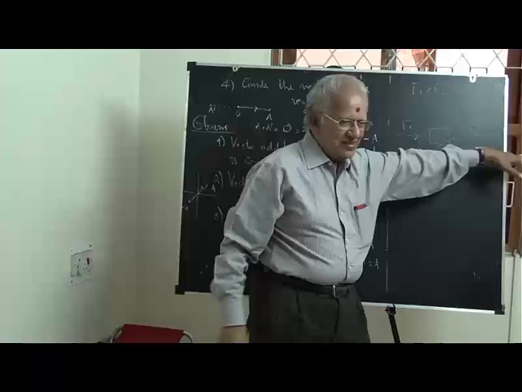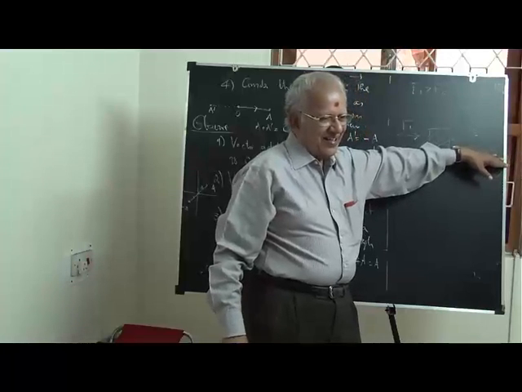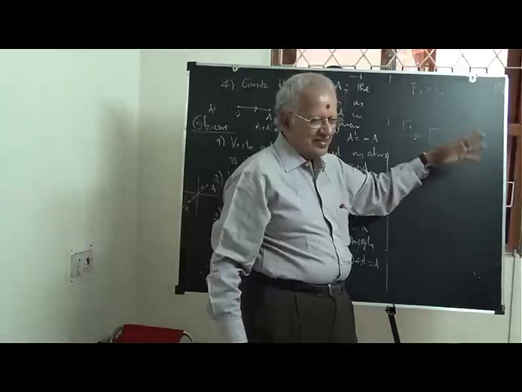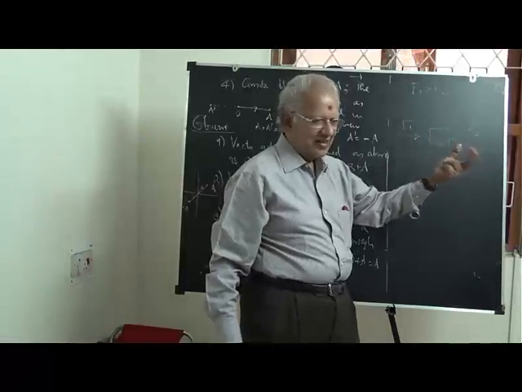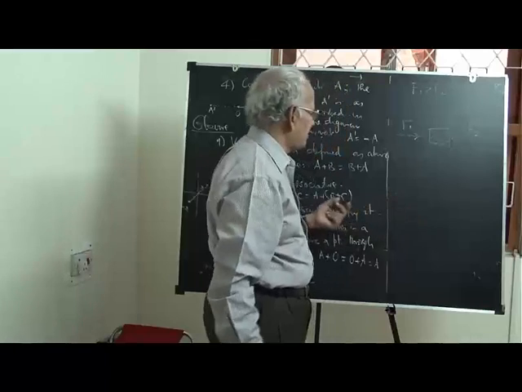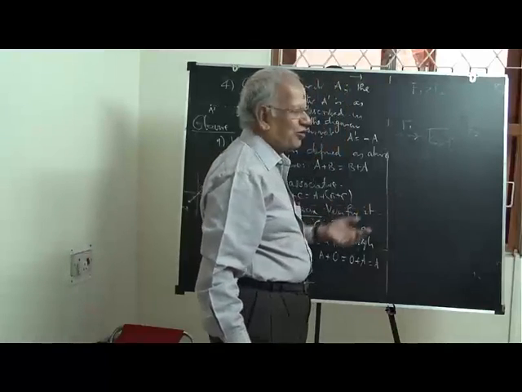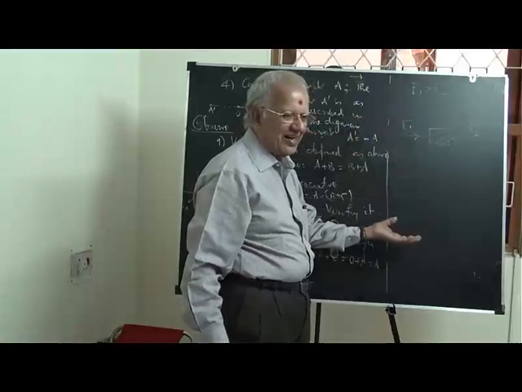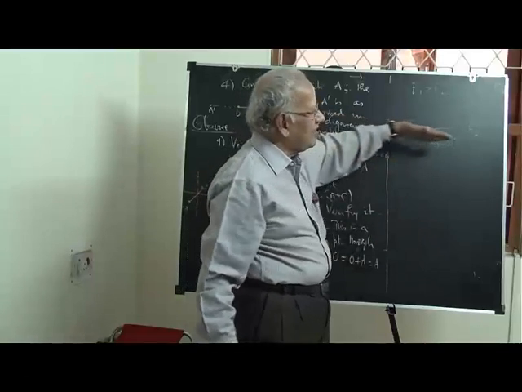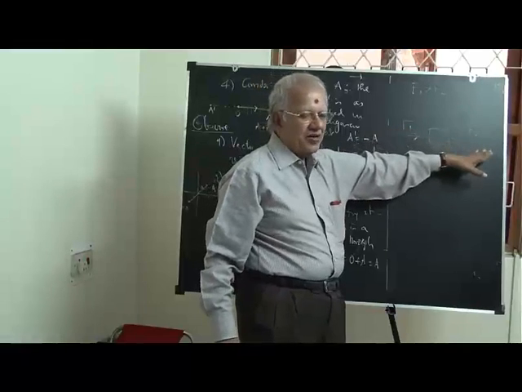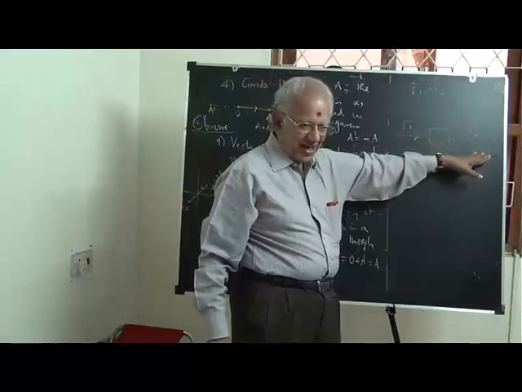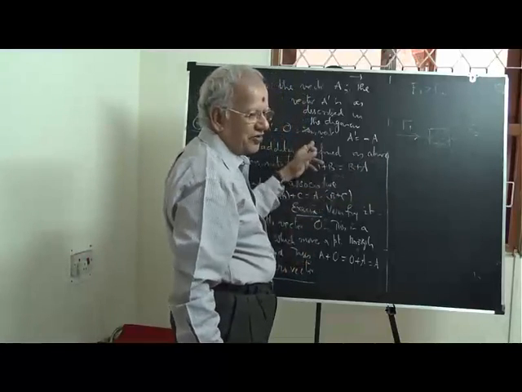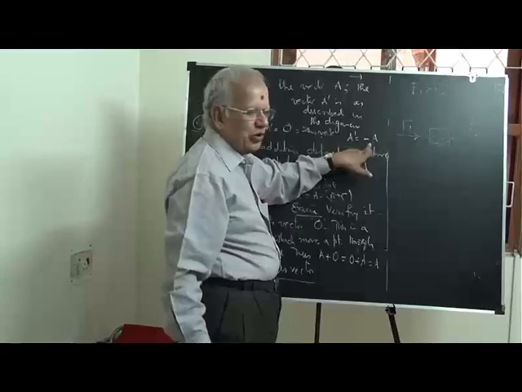It will move in this direction. And the effective force will be F1 minus F2, isn't it? That is the magnitude. And that is exactly what you are seeing here. Each force has direction and magnitude. The force is a vector. So I have to balance this force with another force, with force F, I have to balance it with minus F. F is a vector, A is a vector, minus A is a vector.